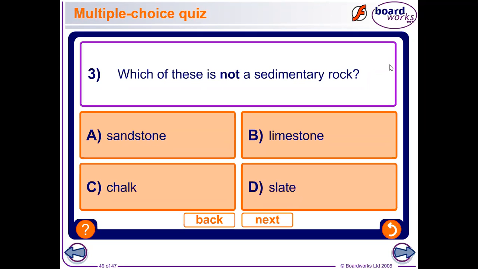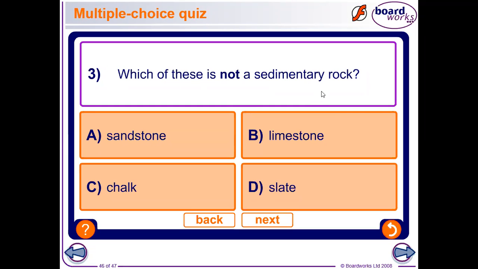Okay, we have Kinsey. Kinsey, can you answer number 3? Which of these is not a sedimentary rock? Sandstone, chalk, limestone, slate. B. Limestone is not a sedimentary rock. Are you sure about this?